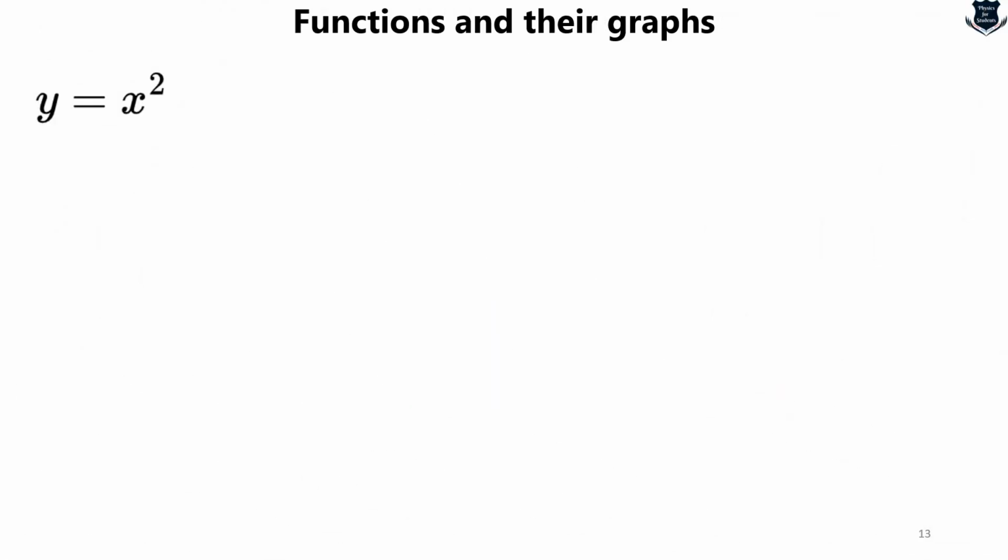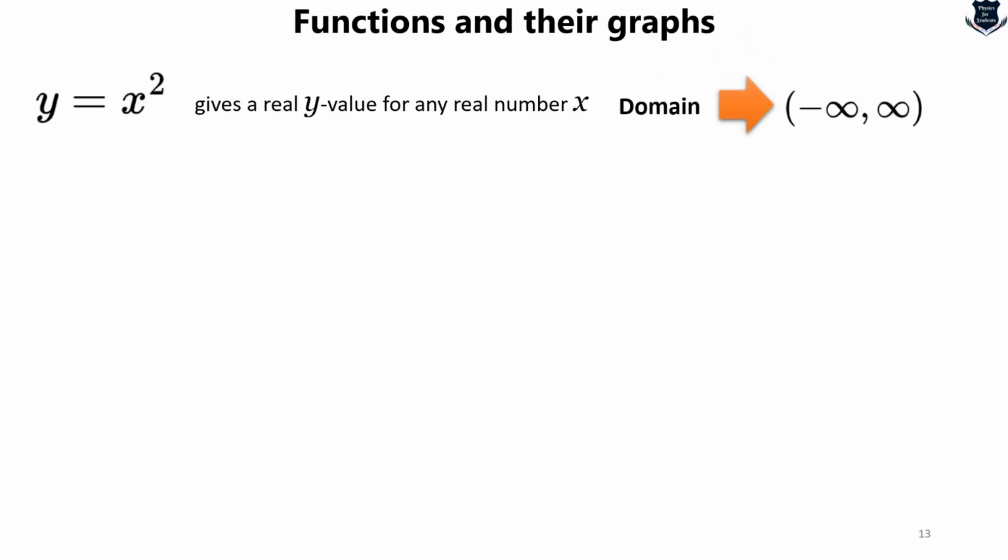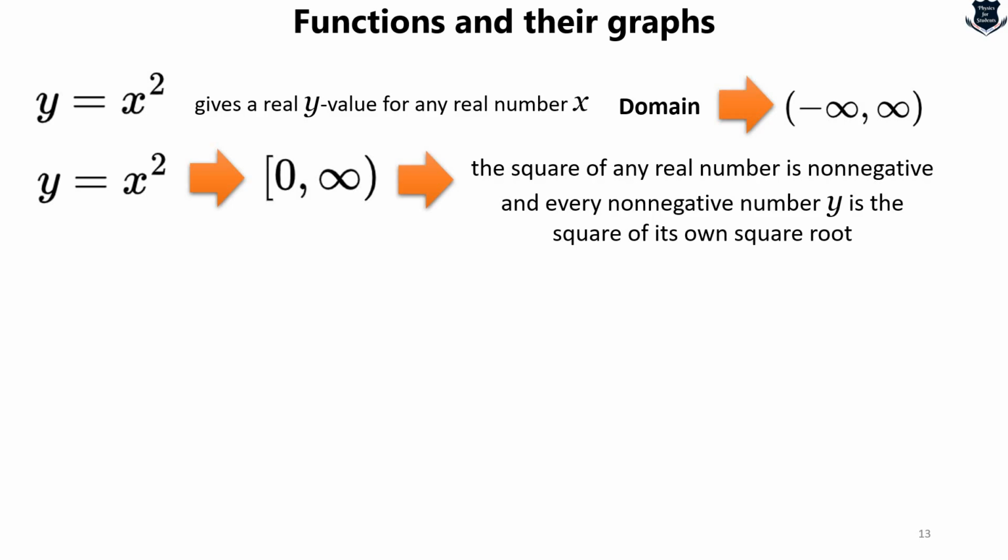Now, if I take the formula y equals x squared, which gives a real y value for any real number x, the domain is minus infinity to plus infinity. I would say the range of y equal to x squared is 0 to infinity, because the square of any real number is non-negative and every non-negative y is the square root of its own square, which is y equals square root of y squared for y greater than or equal to 0.